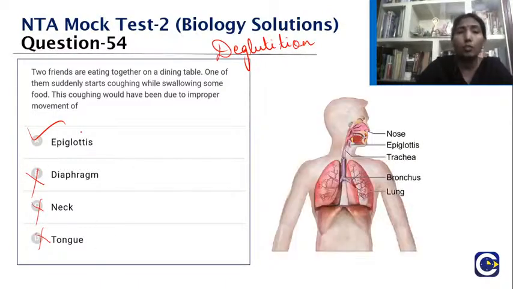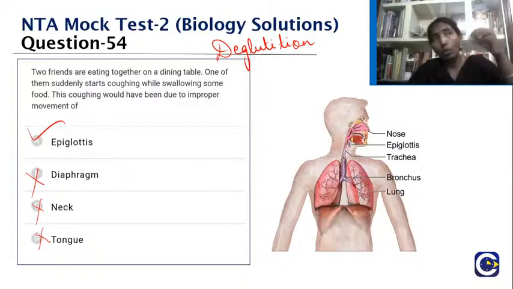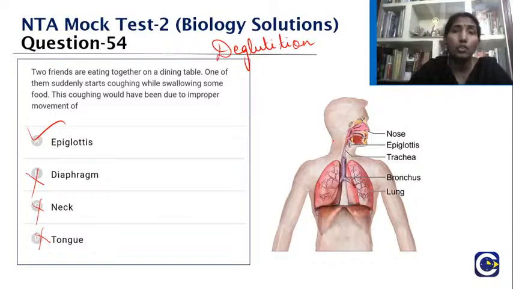The right option is the epiglottis. You can see that there will be swinging of the epiglottis so that it completely closes the larynx, so that no bolus will enter the respiratory passage. If at all it goes there, that will result in aspiration pneumonia, which is something very dangerous. So you have to be very careful.